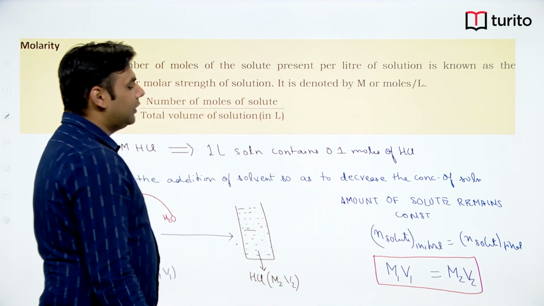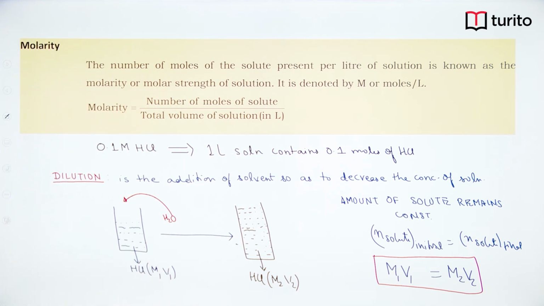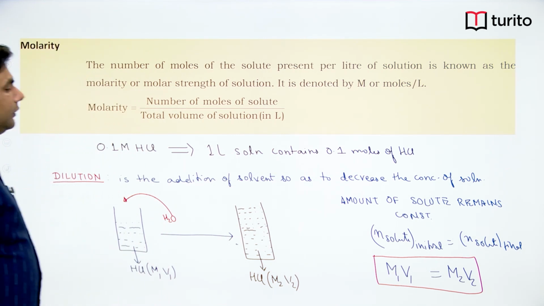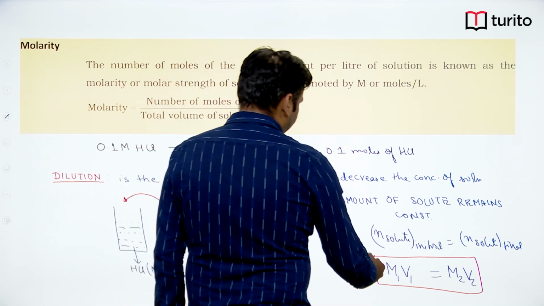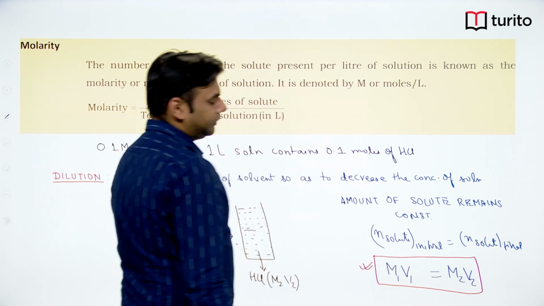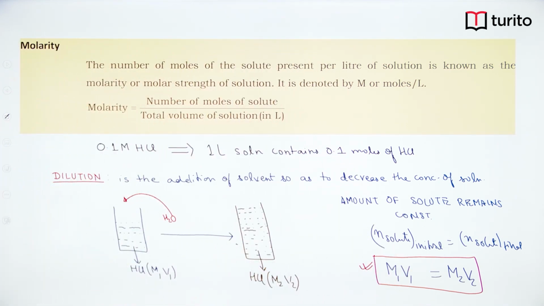So M1 V1 equals M2 V2. This is the case of dilution. Whenever you are diluting, we are basically going to use this equation. So just write it down. I will show you some basic level problems on this.